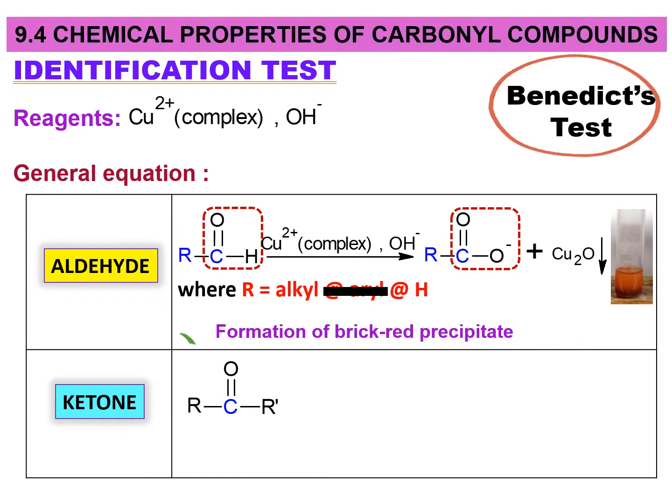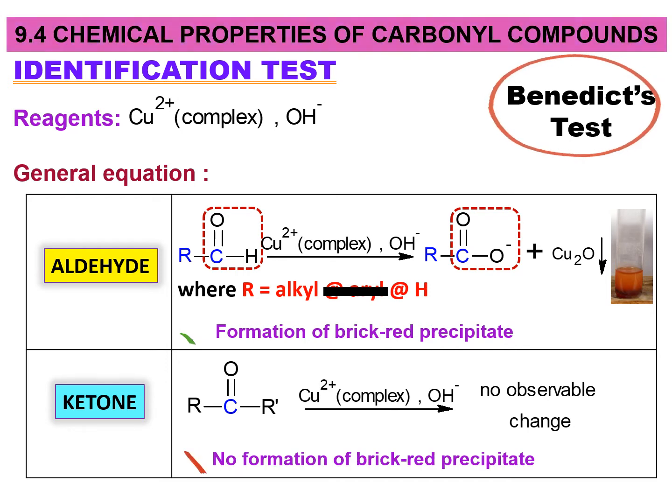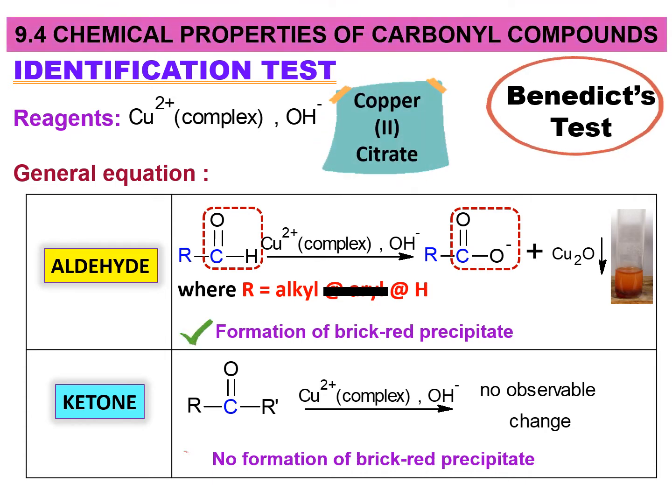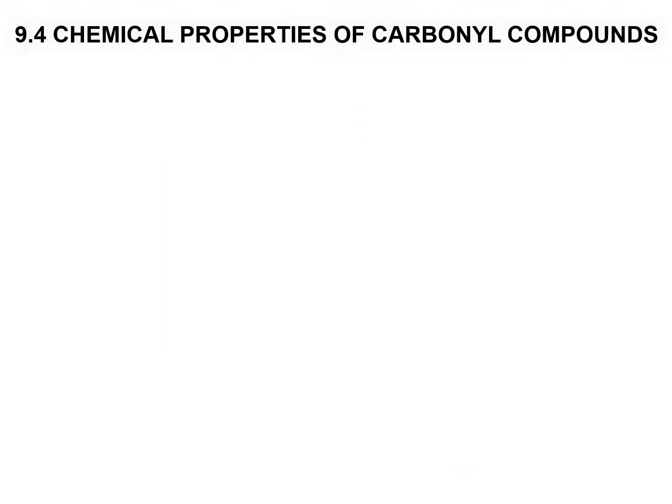If we use the same test on ketone, there is no observable change, and no formation of brick red precipitate is recorded. The difference between Benedict's and Fehling's is due to the complex ion, where for Benedict, the complex ion being used here is copper 2 citrate.